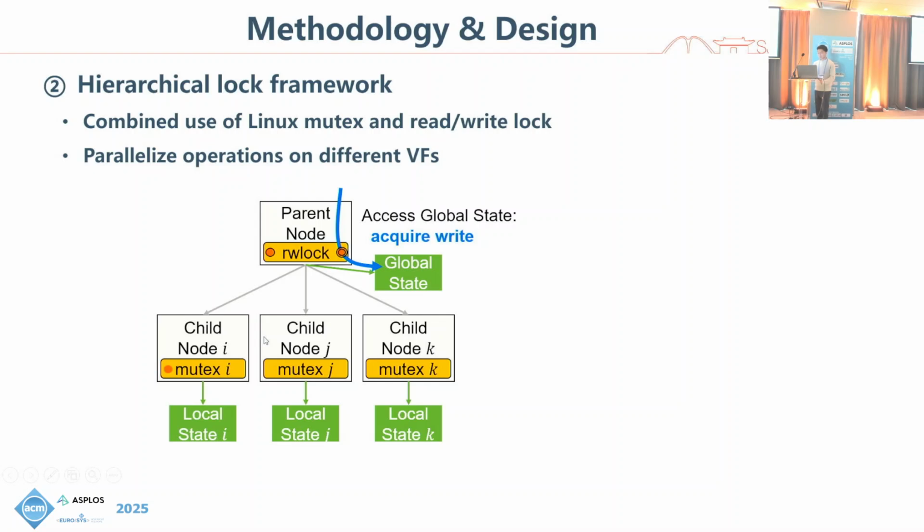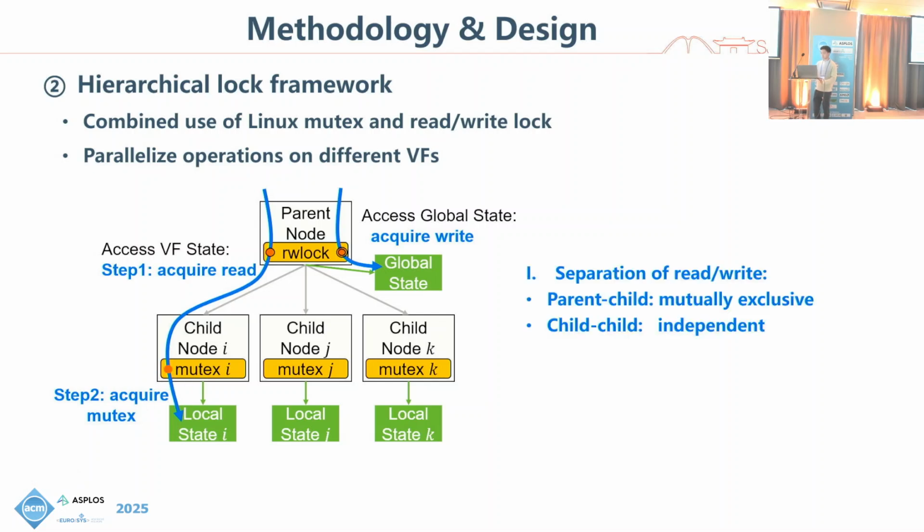The framework maintains a global read-write lock. Access to the global states requires the write permission of the read-write lock, and access to the virtual functions first requires the read permission of the read-write lock, followed by acquiring the permission on the mutex lock.